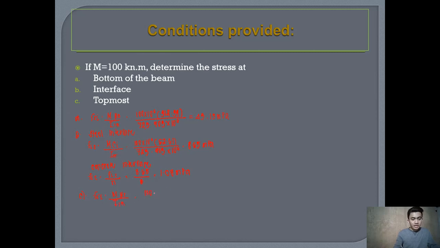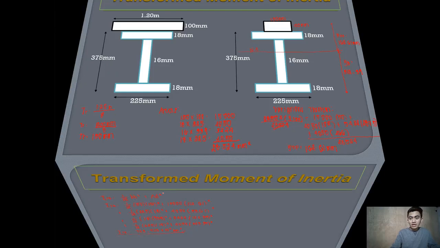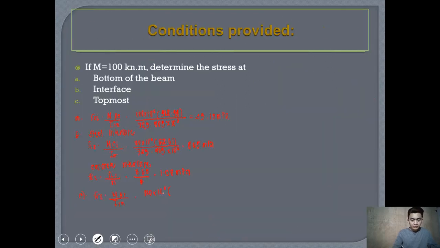So that is 100 times 10 raised to 6, multiply this one by 162.61, divided by 723.903 multiplied by 10 raised to 6. We will have here, that is now 22.46.